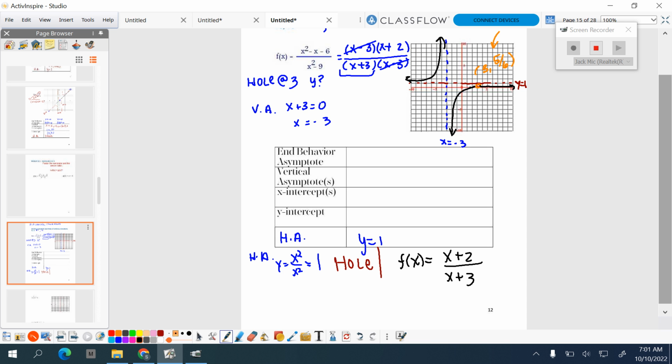But this portion right here, the portion that canceled, I'm going to say x minus 3 equals 0. So x equals 3. And I'm going to stick it into what's left. So 3 plus 2 over 3 plus 3 equals 5/6. So I have a hole.